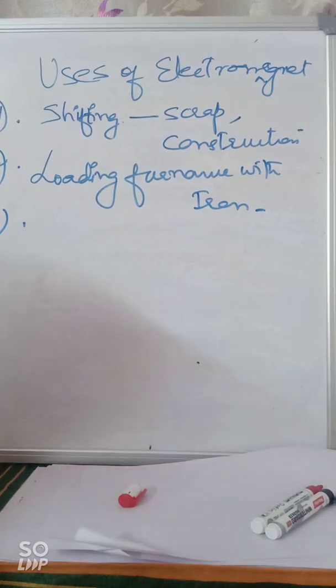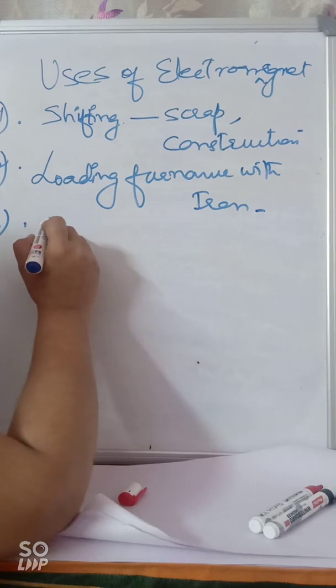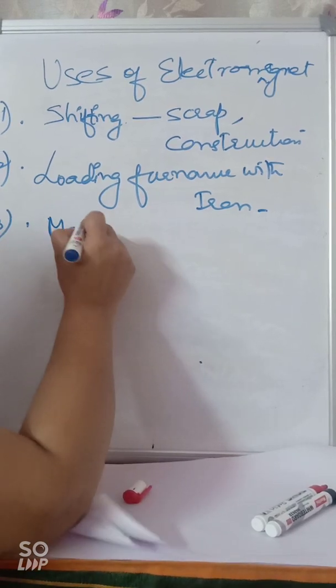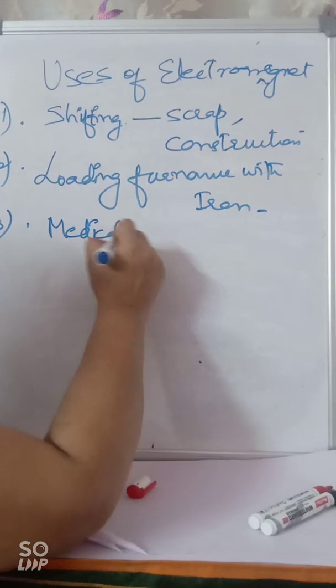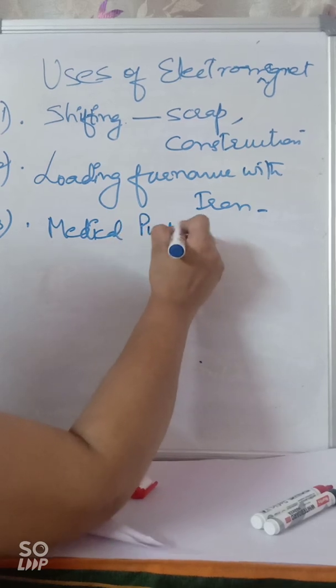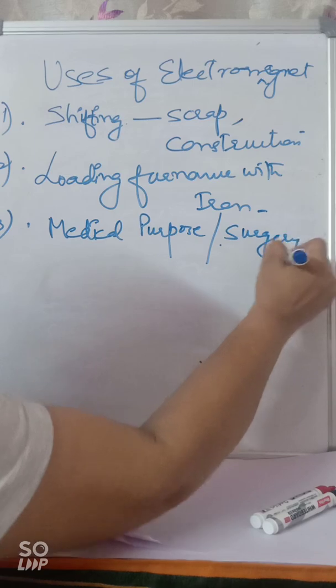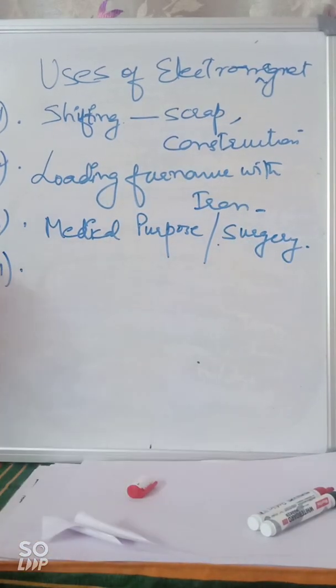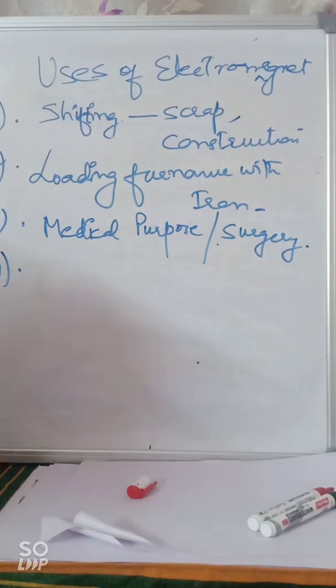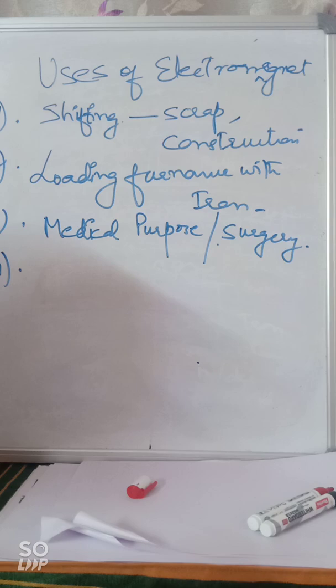Next, it is used for medical purposes. How can it be used? If I say medical purpose, I'm talking about surgery, right? Suppose some accident has happened and surgery is going on. The concept is going to be the same.